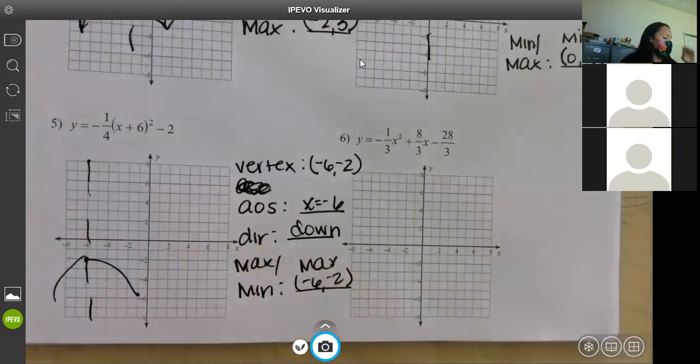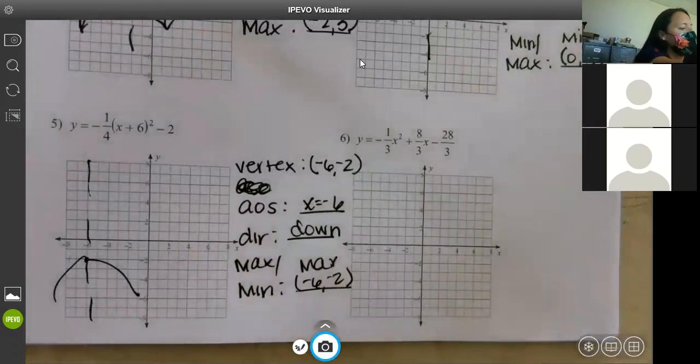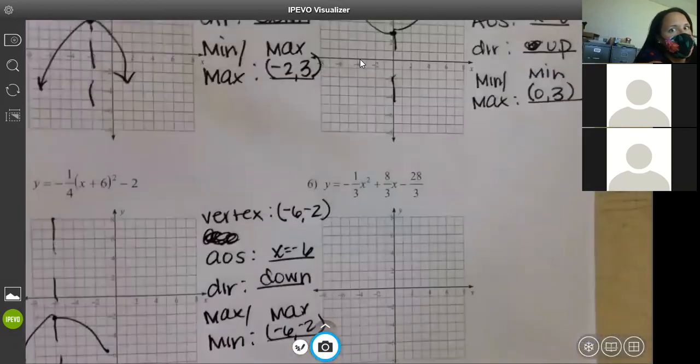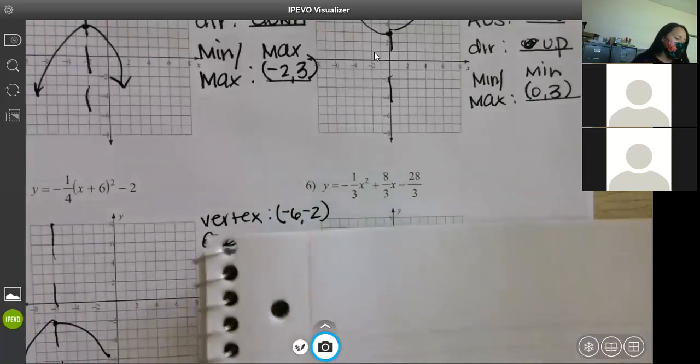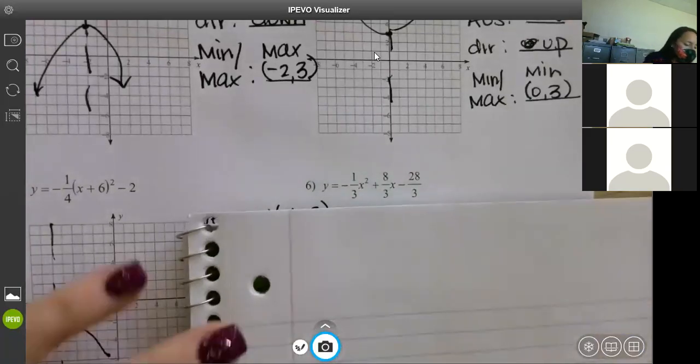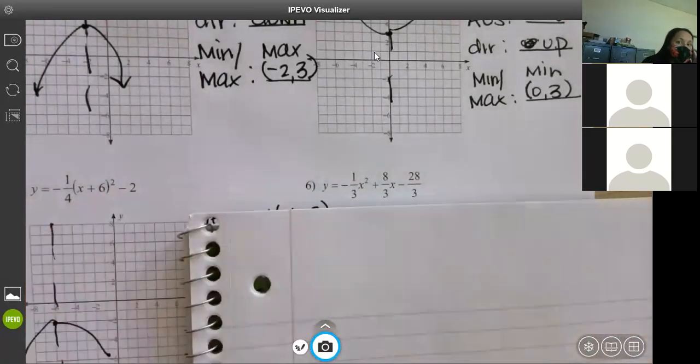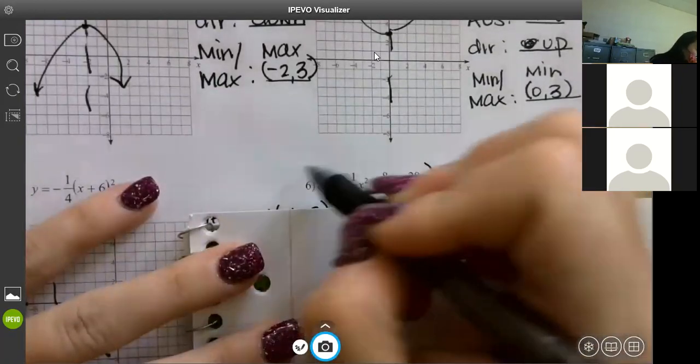All right, so what's different about number 6? Yeah, it's not in vertex form. So I want to put it in vertex form. I'm going to grab some paper so I don't have to squish it up on this sheet right here. So what do we have to do first? Multiply by -3.